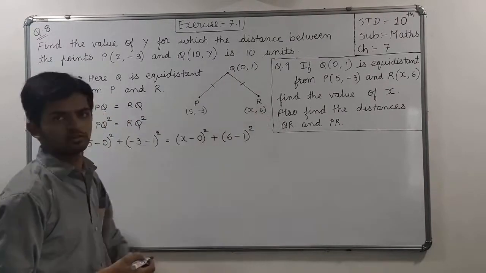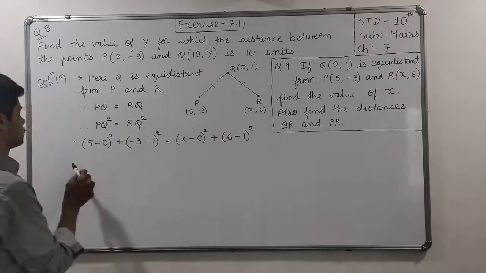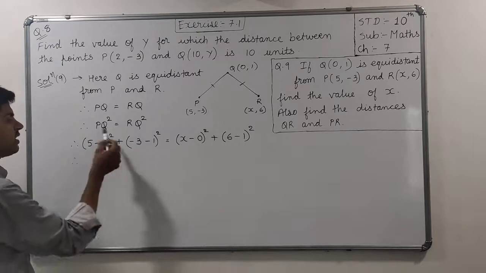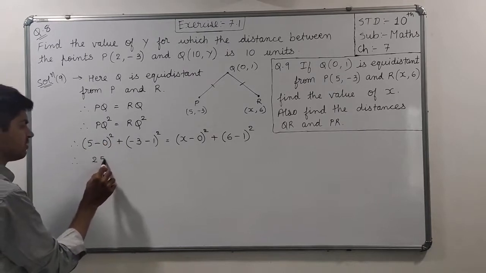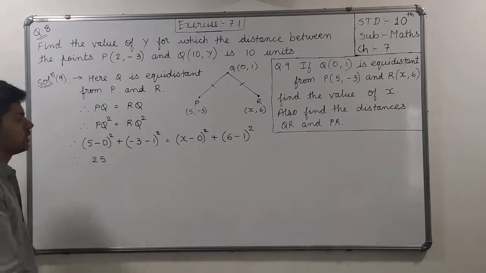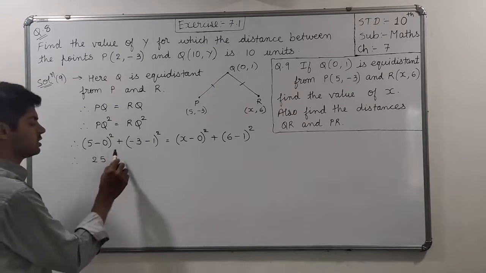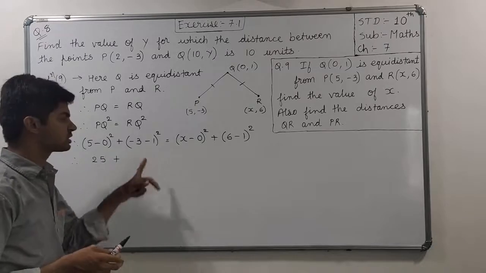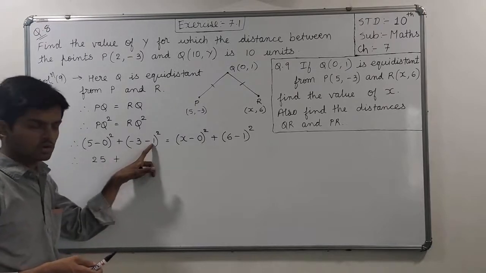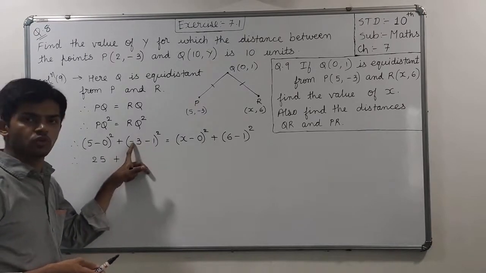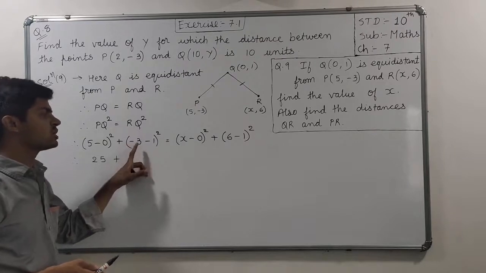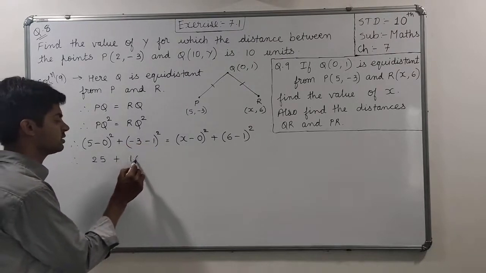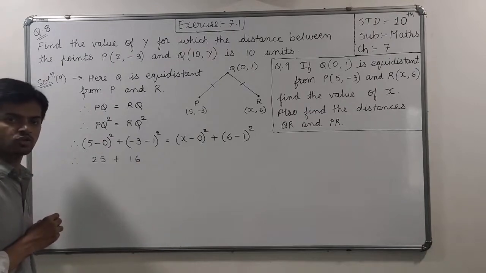Second minus second. Okay, so 5 minus 0, 5 minus 0 का आंसर क्या आएगा 5 only, and 5 square is 25. Understood? Okay, now plus (minus 3 minus 1), minus addition of numbers, 3 plus 1 is 4, bigger term sign minus, so minus 4, but if you do the square of minus 4 then it will be plus only, so here I am writing 16 plus only.